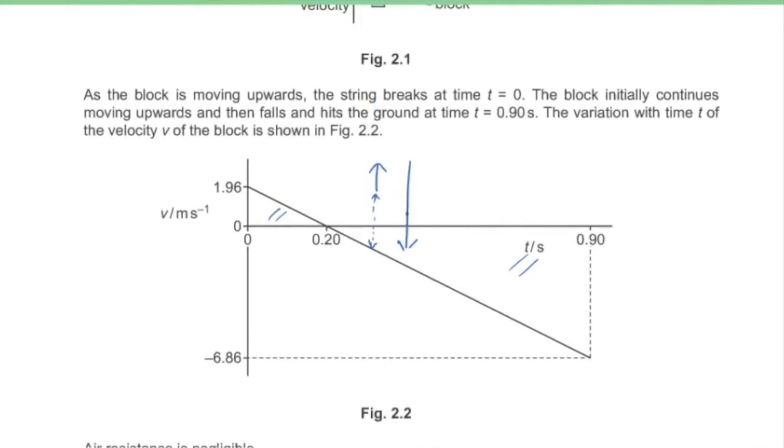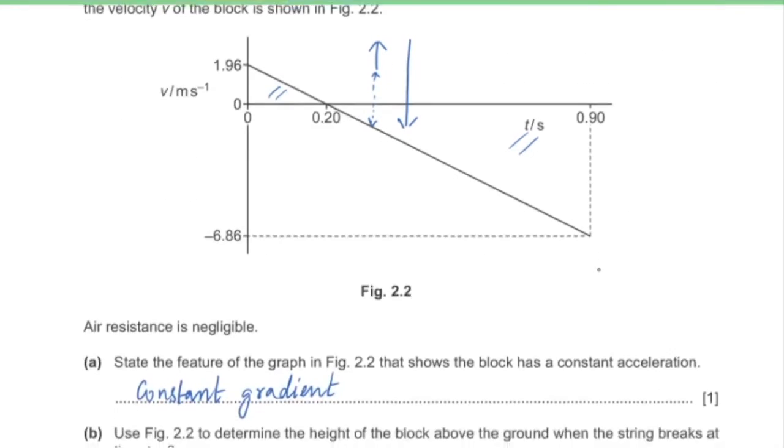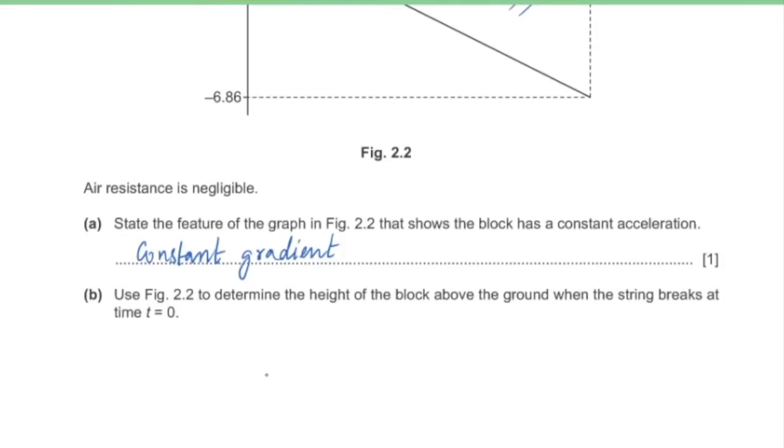So we will subtract distances from t = 0 to t = 0.2 seconds, from t = 0.2 seconds to t = 0.9 seconds. Now, the distance covered by the block from t = 0 to t = 0.2 is the area under the graph. So half into 0.2 into 1.96. When it travels upwards, it travels a distance of 0.196 meters.